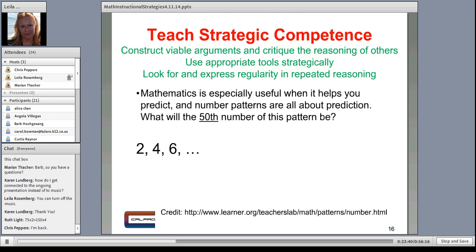When considering a pattern like 2, 4, 6, and we ask what will be the 50th number in this pattern, the beginning student will ask herself, by what number can I add or count to get to the next number in the pattern, and then the next, and then the next, and that's how a beginning student would get to the 50th one. As students get more experience, their knowledge of patterns advances from sums to products. So when asked for the 50th number in the pattern, she will know to multiply 2 times 50 and say 100.